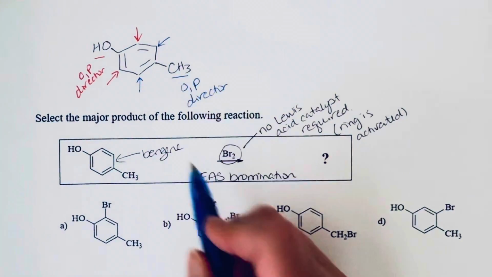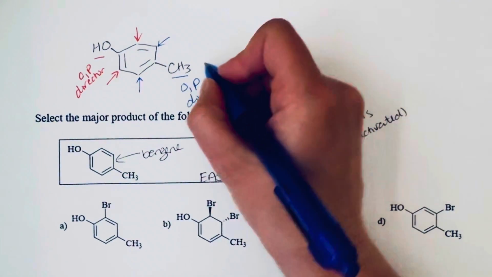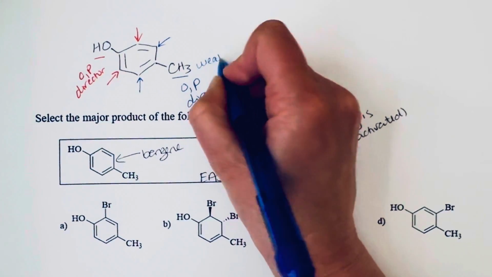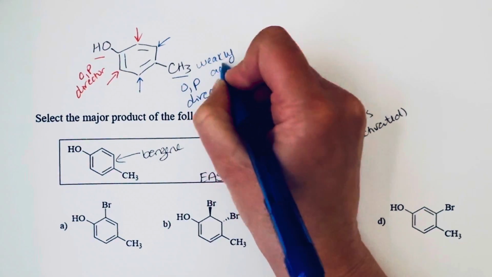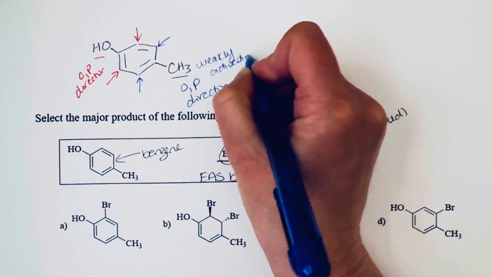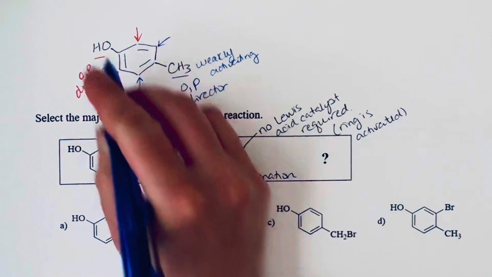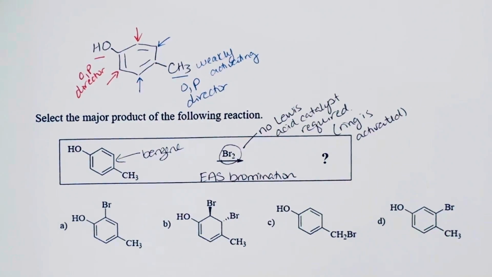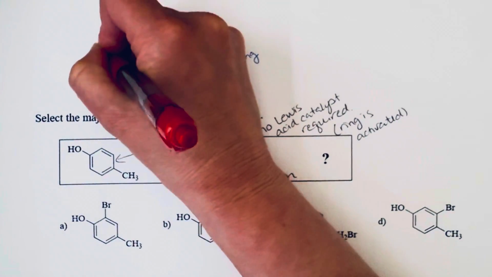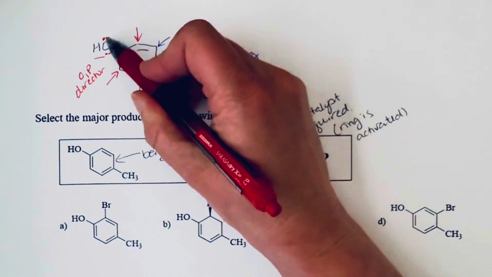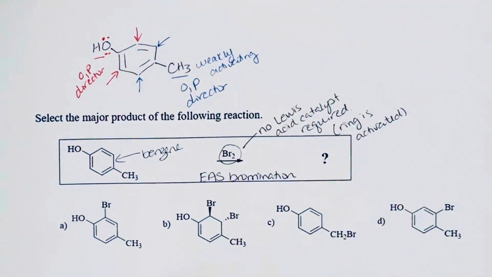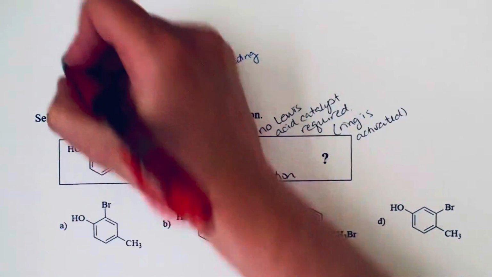A methyl group, any alkyl group, is very weakly activating. If we look at the hydroxy group, because you've got those lone pairs of electrons that could donate into the ring through resonance, this is a strongly activating group.